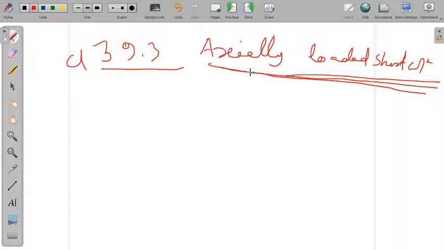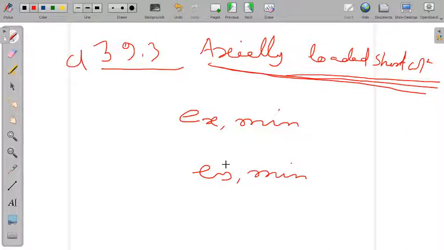When the minimum eccentricity prescribed earlier does not exceed 0.05 times the lateral dimension. Whatever minimum eccentricity we have calculated earlier, Ex minimum or Ey minimum, it is said that when the minimum eccentricity does not exceed 0.05 times the lateral dimension, in this direction say the dimension is dx, or in this direction say the dimension is dy.